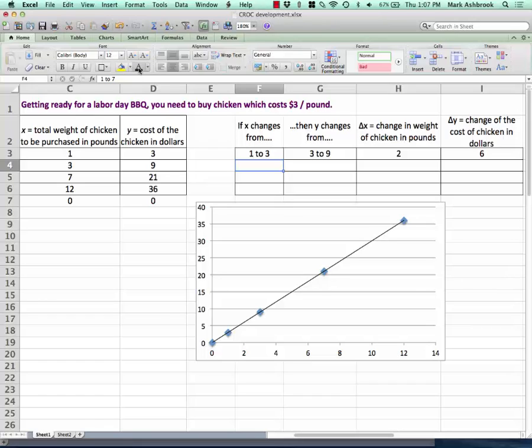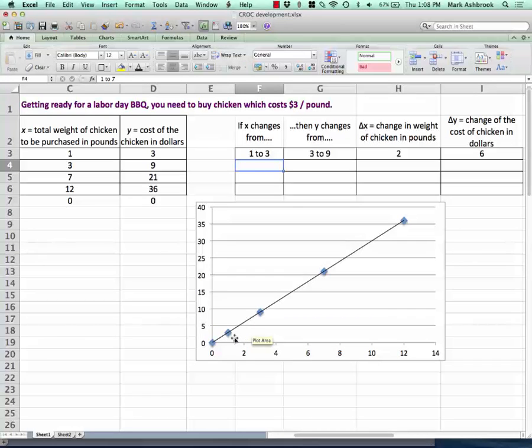Let's see here. How about Jessica Joyner? What am I going to highlight? Points from 1 and 3, these 2 points.